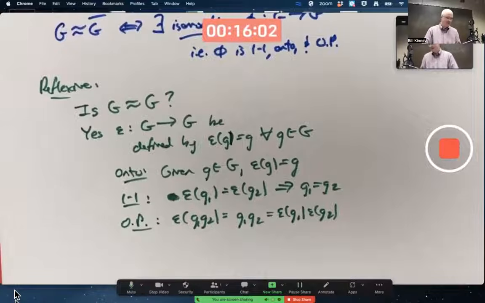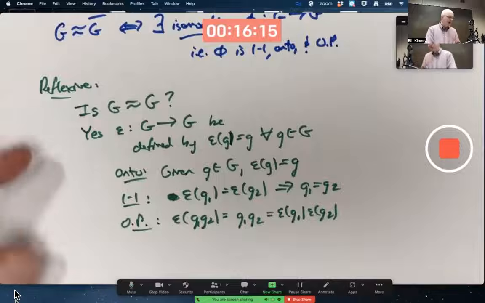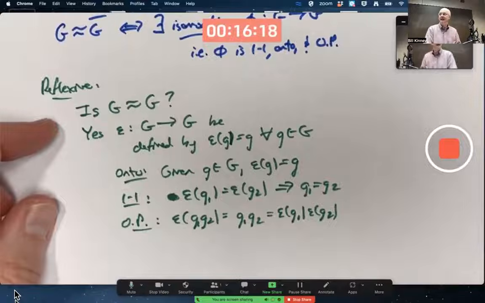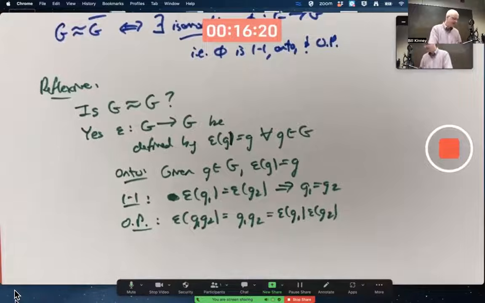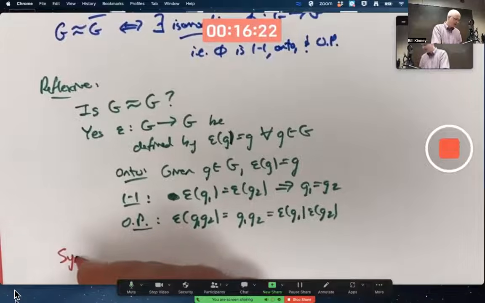The proof of these things is really as trivial as what I'm showing here. It's so trivial, it's confusing. You're not quite sure if it's really right, but it is. So the reflexive property is satisfied: any group is isomorphic to itself. How about the symmetric property?